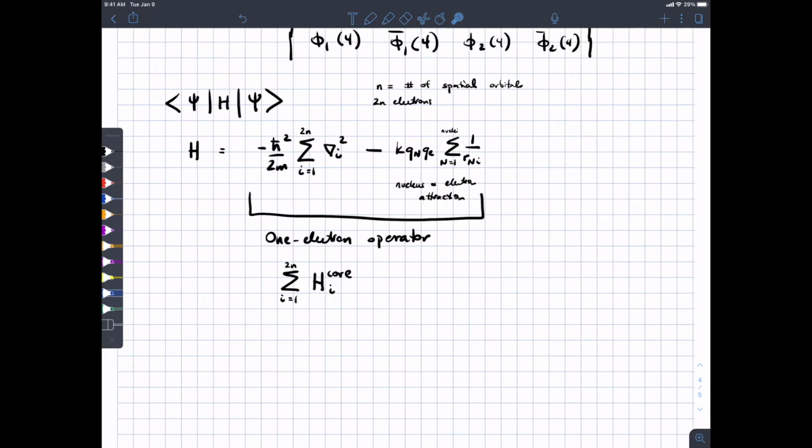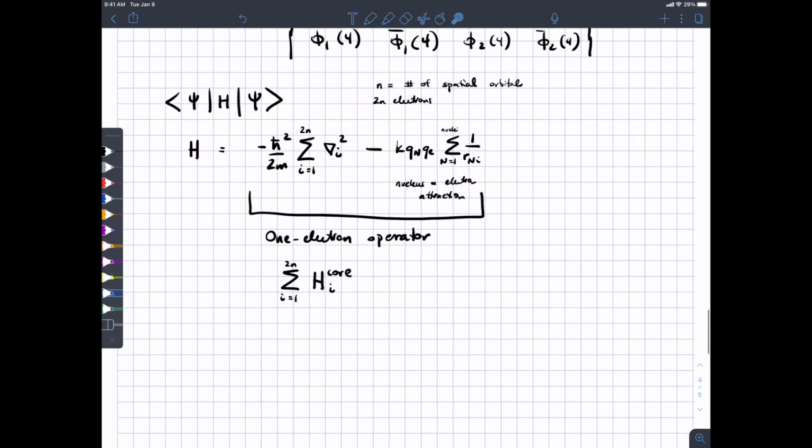Okay? Now, the other part, of course, is repulsion between the two electrons. And so this is going to be related to the charge of electron I and the charge of electron J, which are, of course, constant. And then we'll sum that with electron I and electron J equals I plus 1.